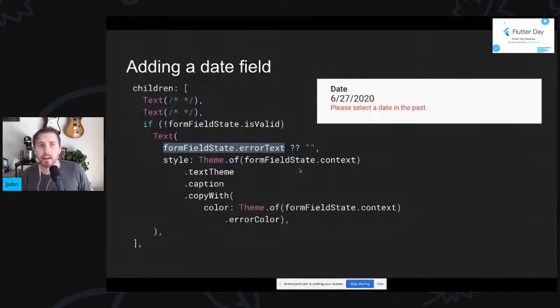So the one final thing we want to do here, I've got in my build method a few text elements. You can see I'm putting a label there. I'm showing the date. One final thing that will be important later is we've got this form field state object that is passed to us.